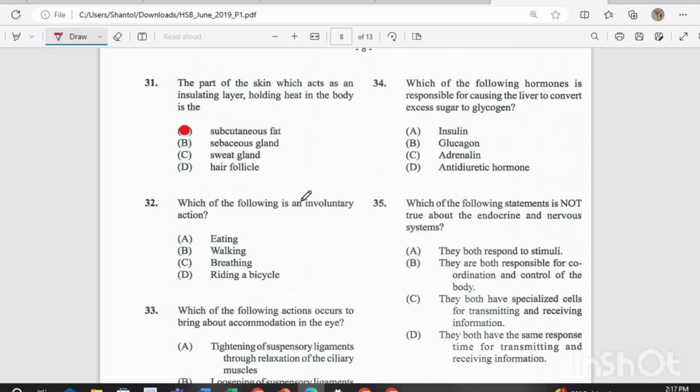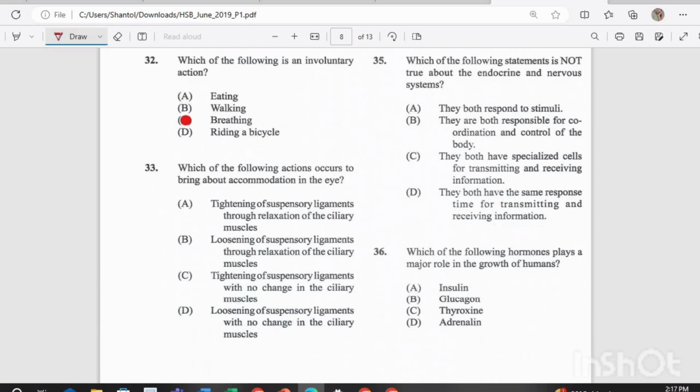32. Which of the following is an involuntary action? Is it A, eating, B, walking, C, breathing, or D, riding a bicycle? The answer is C, breathing. 33. Which of the following actions occurs to bring about accommodation in the eye?